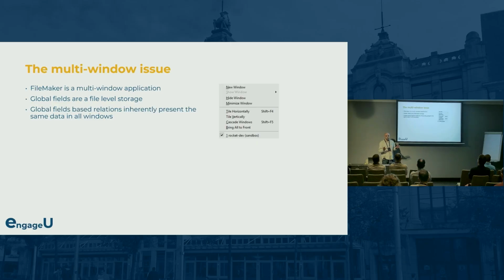Any user can open up a new window. The only way to take this functionality away from the users is to scrap the window menu completely. And that way you lose a lot of handy functionalities like switching between windows, organizing windows, and so on.